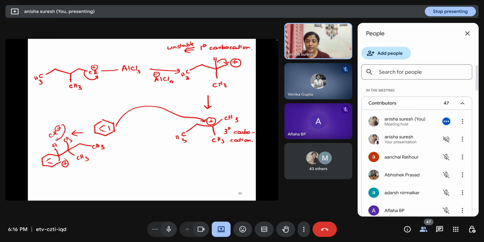Cl minus will abstract the proton, neutralize the positive charge, and this will result in the formation of the major product. Okay, so this will be the major product that is formed. Clear?